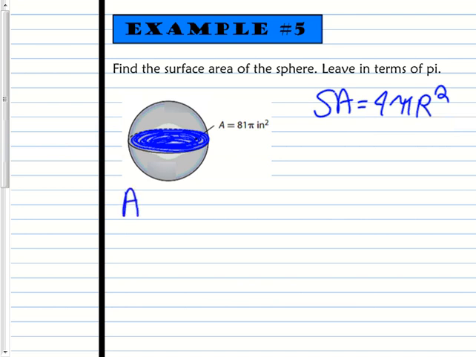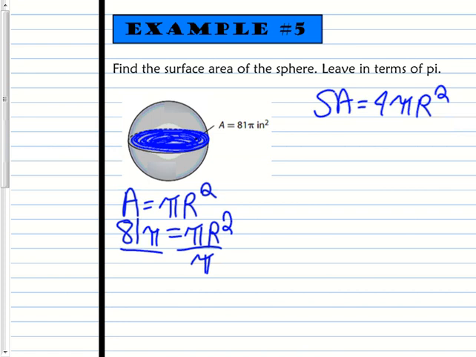So the area of a circle is pi r squared. They told you that the area of that circle was 81 pi. So 81 pi equals pi r squared. Again, I'm going to divide by pi and start getting radius by itself. That gives me 81 equals radius squared.